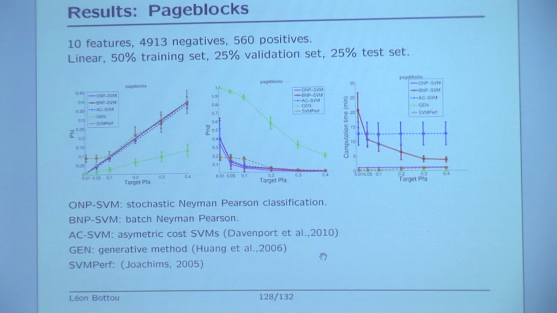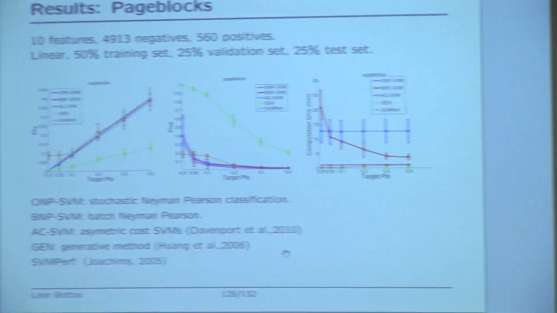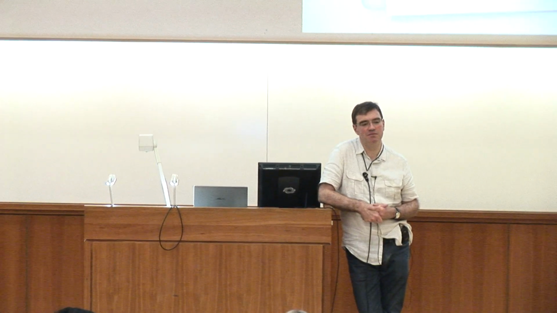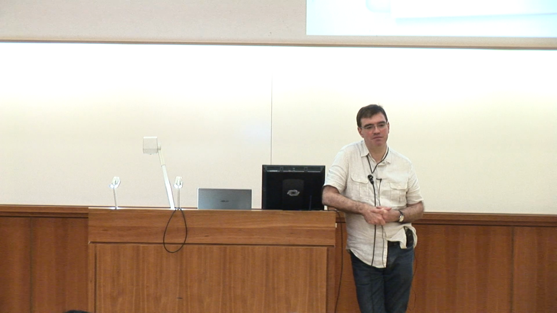Yes? In the case where you have equal costs, does it reduce to something simple? Where you have imbalanced classes, but the cost is equal, so it's not the case where a false negative is catastrophic.